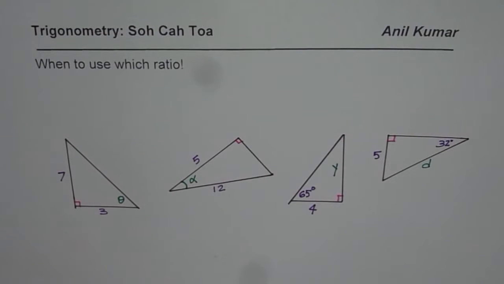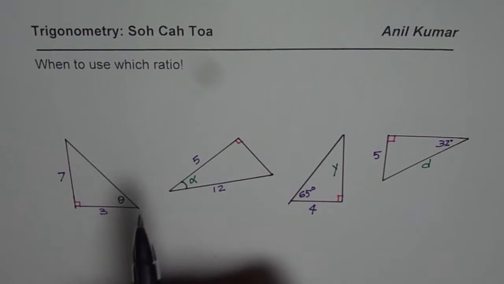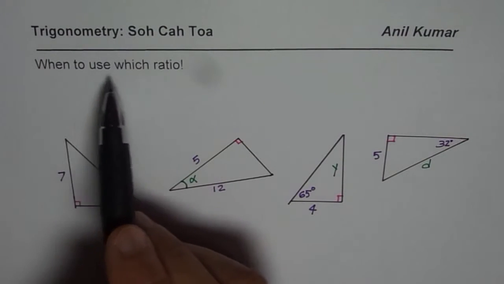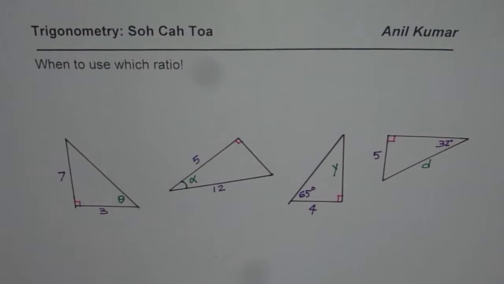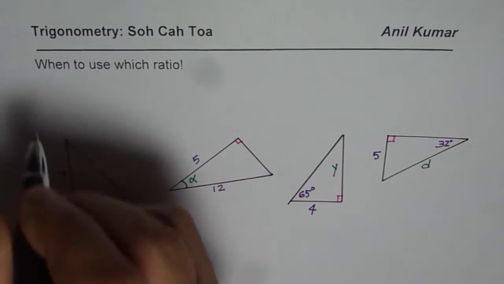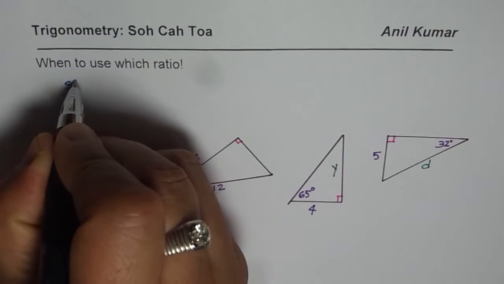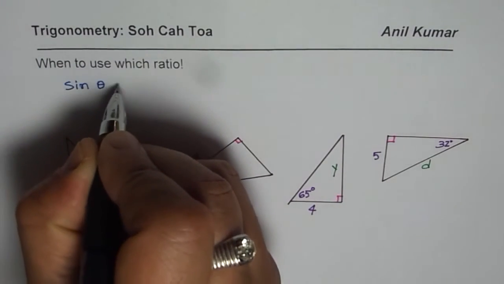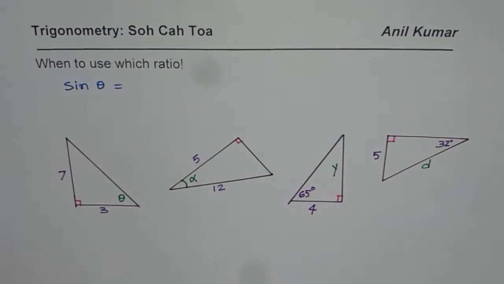Now let's begin by answering our basic question, when to use which ratio. That is the first and the very important question which we need to understand how to resolve, right? Basically we always talk about three ratios. One is sine. In general, let me use angle theta for us. So sine theta. Now this time I wrote sine with capital S. Strictly speaking, S has to be lowercase.